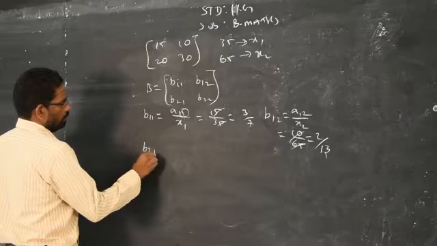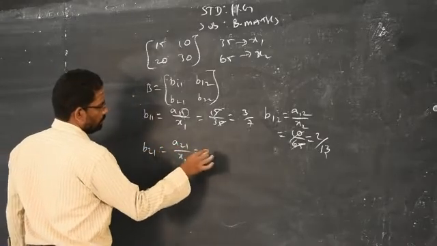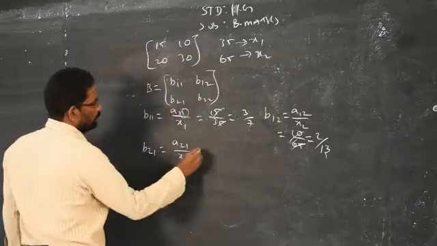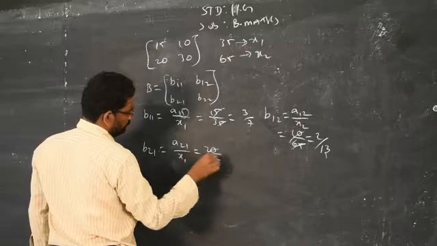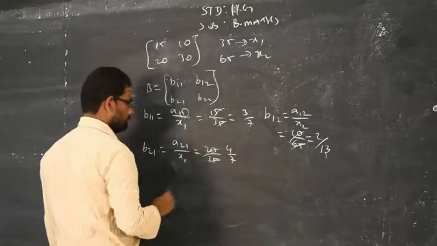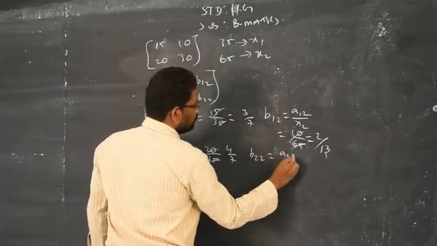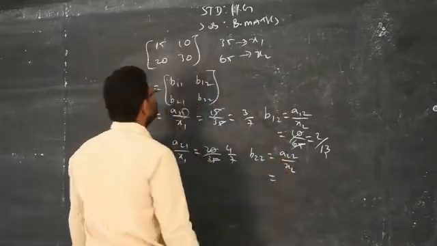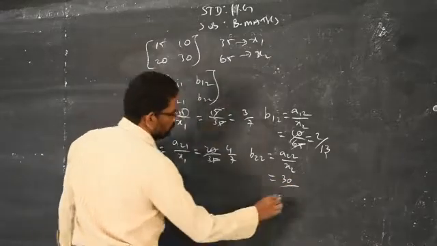Similarly, you have to find B21, A21 by x1. What is A21? 20 by x1, 35. Again 5 table, 4 times, 7 times. Then B22, A22 by x2. What is A22? 30 by x2, which is 65.